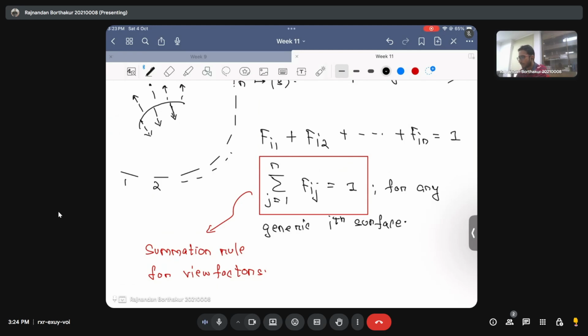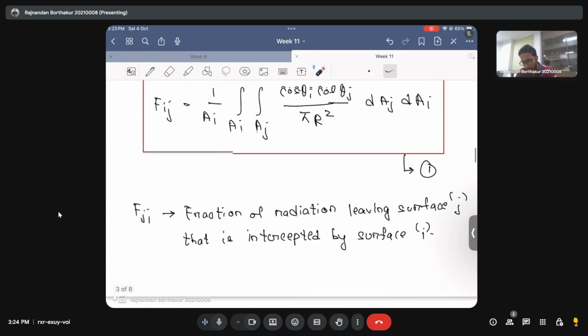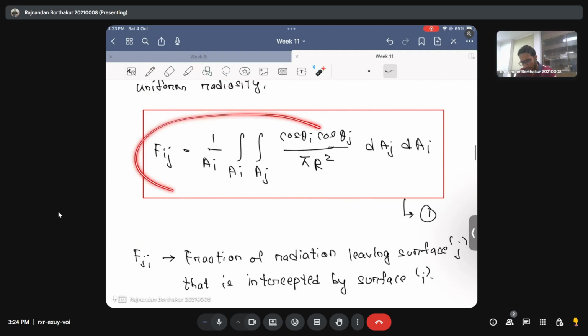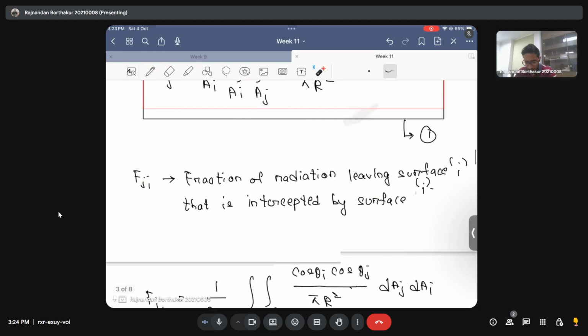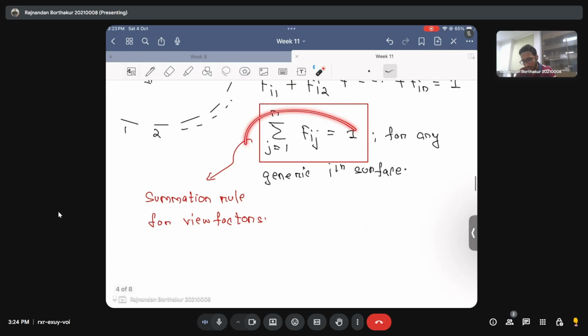Now, straightforward, we will start off with some basic numericals involving view factor analysis. We will basically require three things. One, the most general definition of view factor, given by equation 1 or equation 2, the view factor reciprocity relation, and the view factor summation rule.